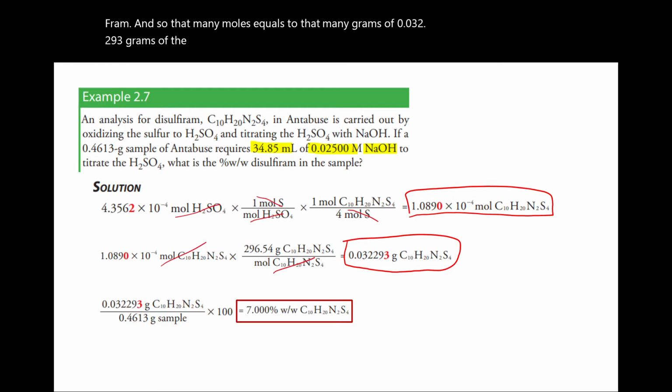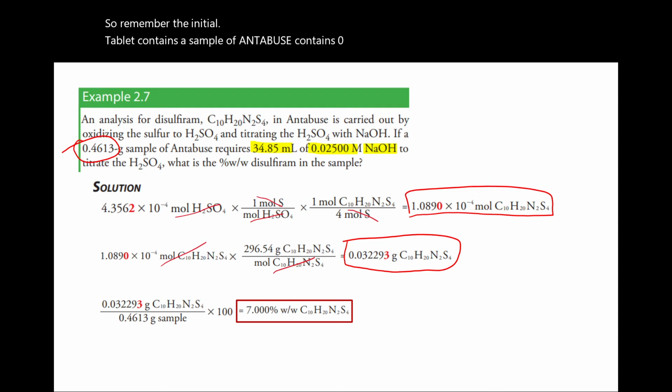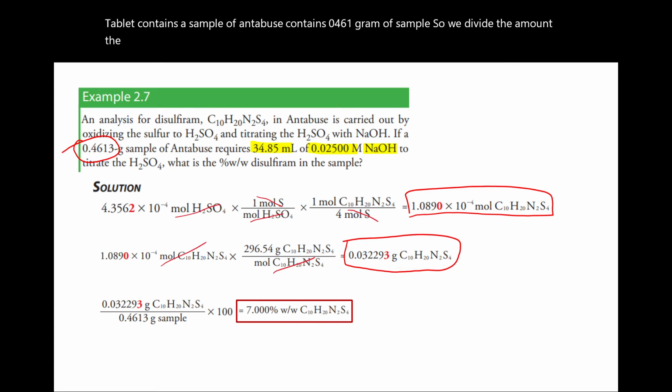And so to convert that, remember the initial sample of Antabuse contains 0.4613 gram of sample. So we divide the mass of the disulfiram by the mass of the drug, the tablet, times 100.